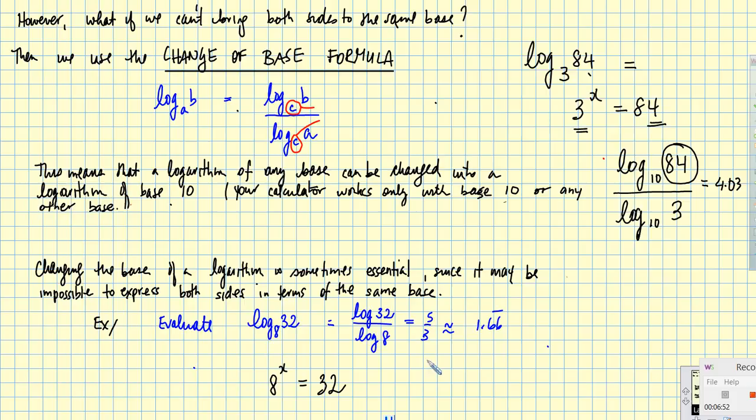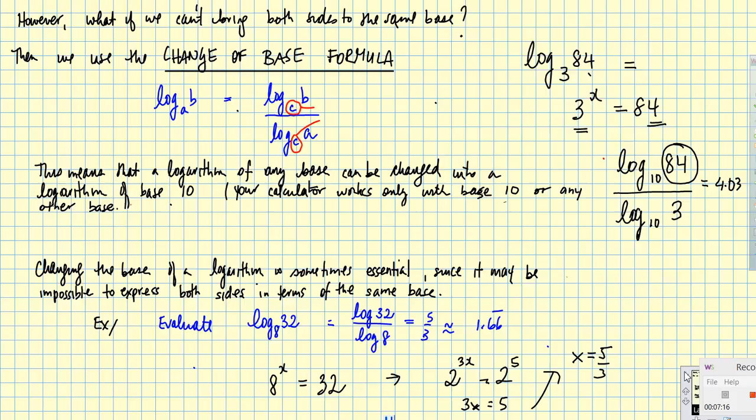My answer is going to be 5/3. I could bring this down to the same base, but it's not giving me definitely a whole number answer. I could do this as 2 raised to the power of 3x equals 2 to the power of 5, and then I get 3x equals 5, and then x is equal to 5/3.